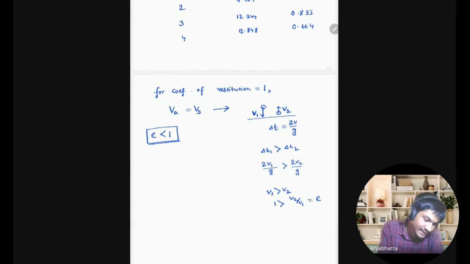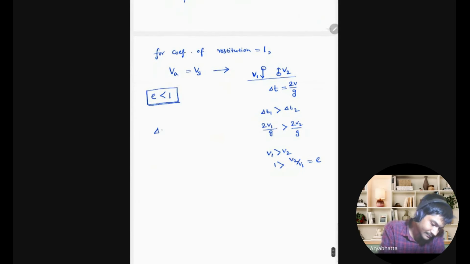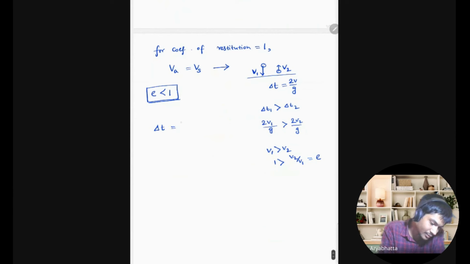Now, the time of flight of the ball, we can write delta t equal to 2v by g. Also observe that for successive time intervals, the velocity will change like this: from v to ev, then e square v, then e cube v, like that.